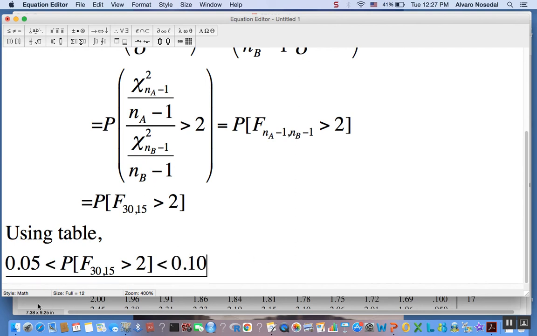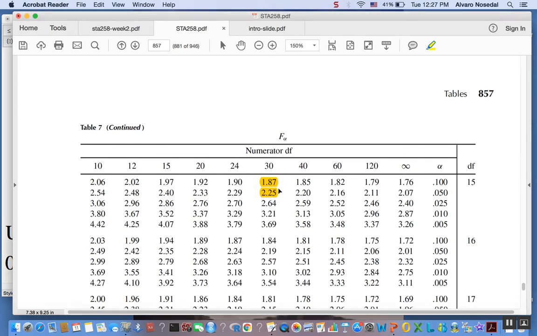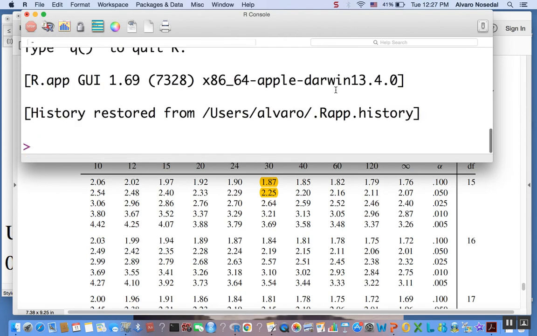Make sense? Now, let's do it using R. It's going to be really simple, and we're going to see that the result makes sense. Using that table is not very accurate, but it's going to be correct.